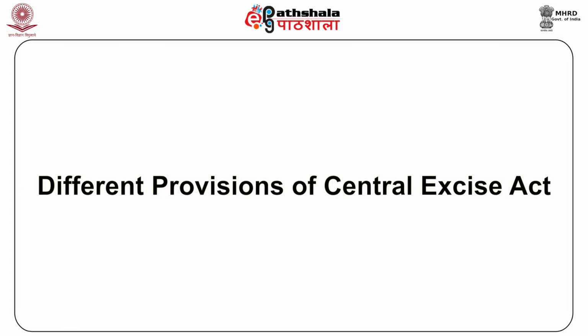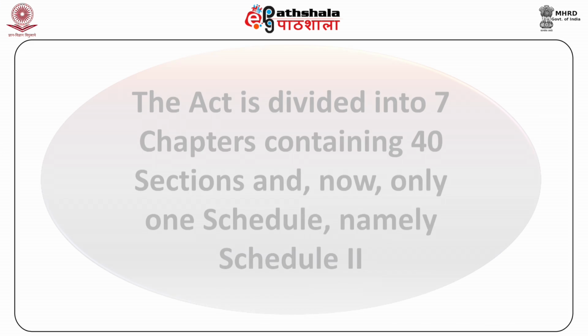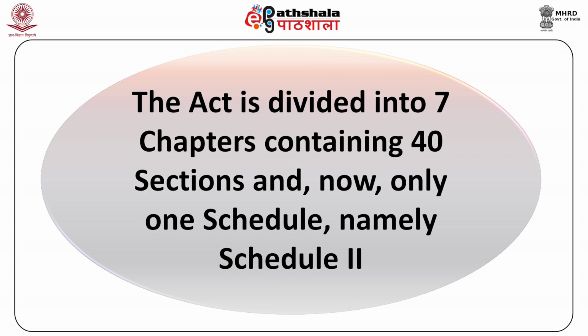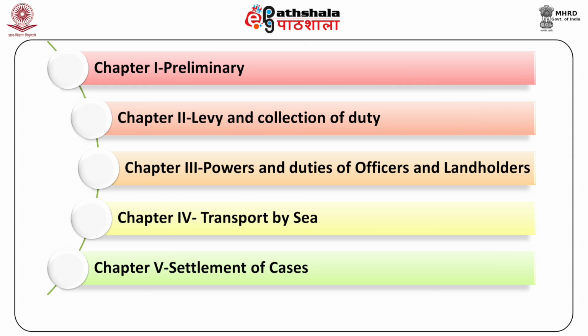Different provisions of the Central Excise Act. The Act is divided into 7 chapters containing 40 sections and now only one schedule, namely Schedule 2. The chapter-wise contents of this Act are: Chapter 1, Preliminary. Title, extent and commencement, Section 1. Definitions, Section 2.